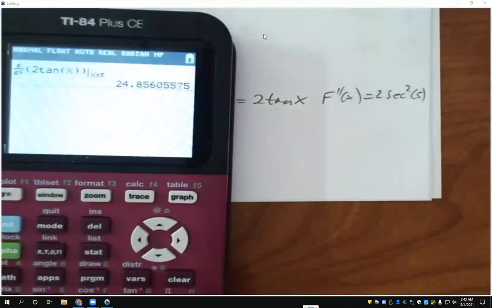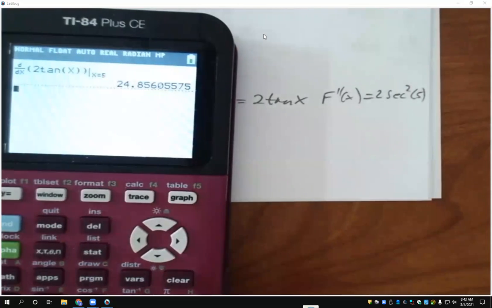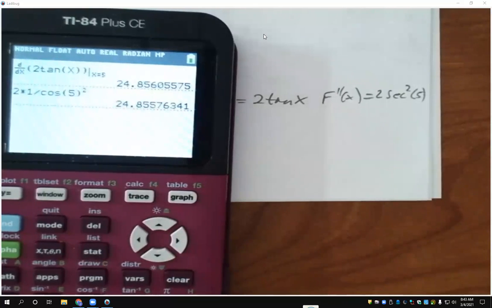Secant is the partner of cosine, so you're going to do 2 times 1 over cosine, with parentheses, put the 5 in here, and after you close the parenthesis on the 5, you square it. I think this might work. Decimal-wise it's a little off, but that's how you would type it in.